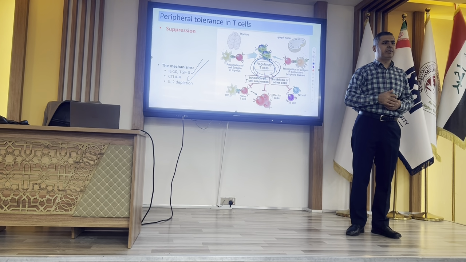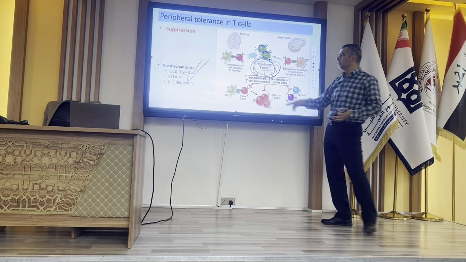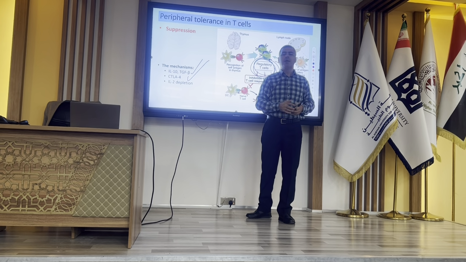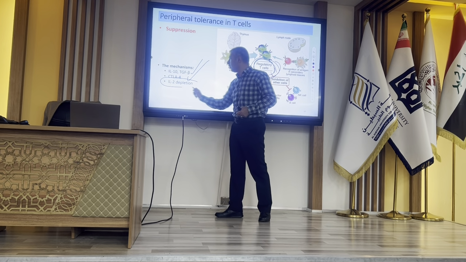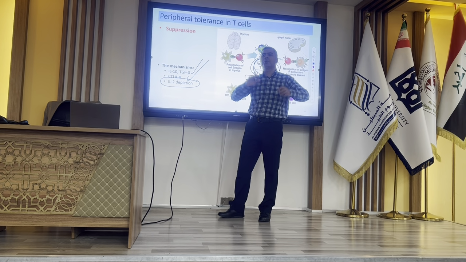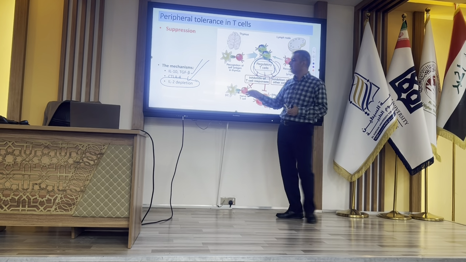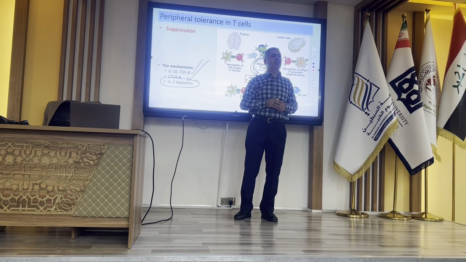After recognition of the antigen, the first step was clonal expansion. Interleukin-2 is needed for clonal expansion. But regulatory T cells consume all or most of the interleukin-2 in the environment, and it doesn't allow these cytokines to reach the T helper 1, T helper 2 or other T cells.